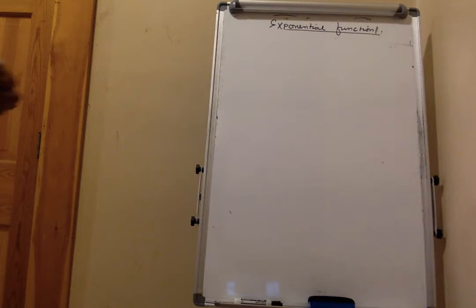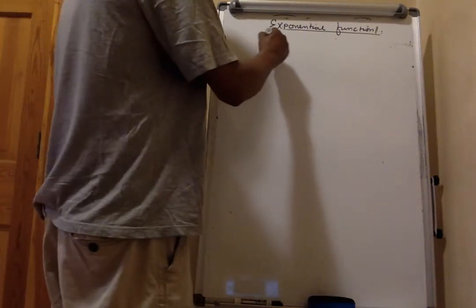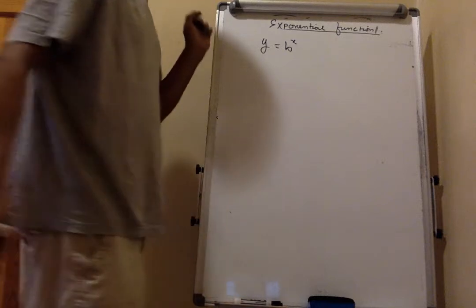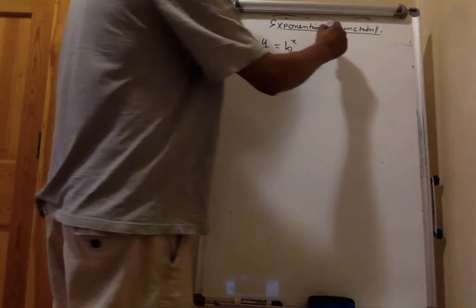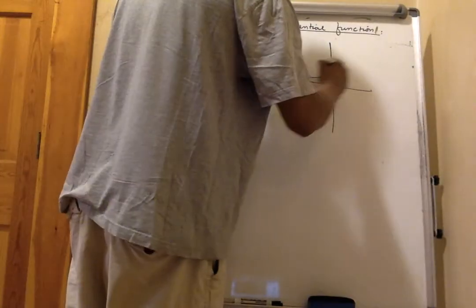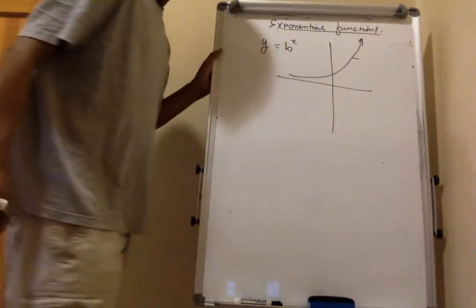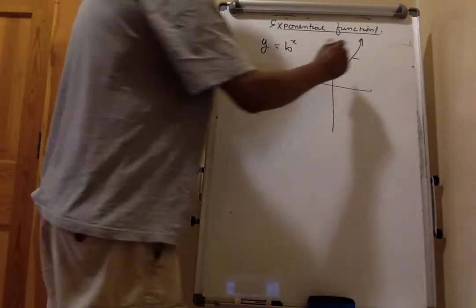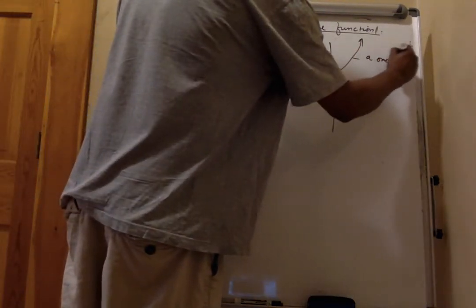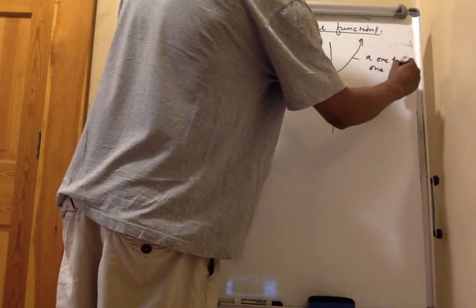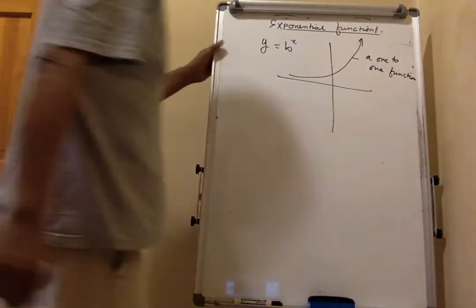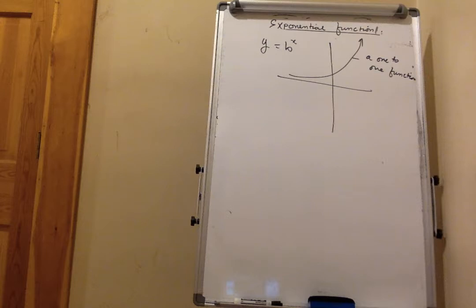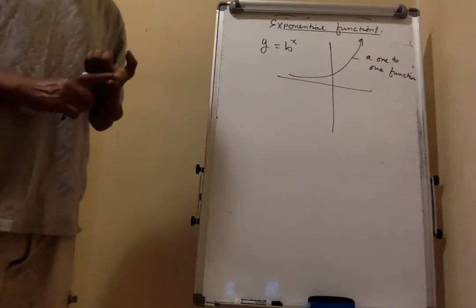And y is equal to b to the x is a function, because as we have seen, the graph of b to the x is a one-to-one function. We also stated that if an equation is a function, then it must have an inverse. So the exponential function has an inverse function.